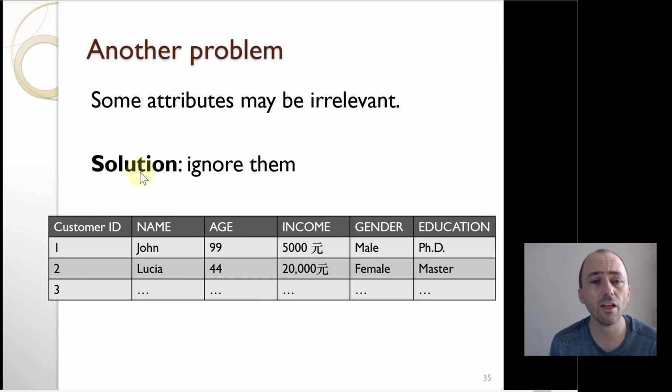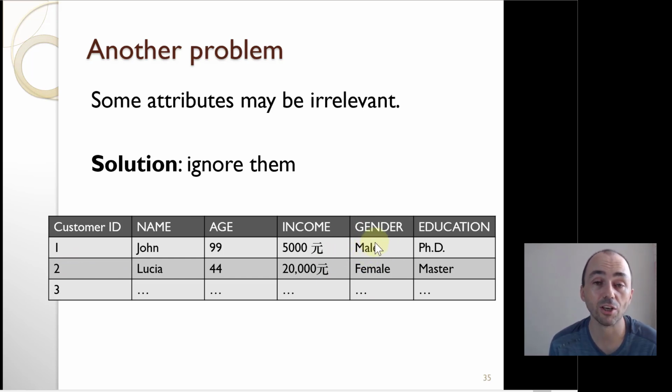Now there is another problem also when we do KNN. Let's say I have the data like this. Here some attributes are not relevant. For example, the customer ID. Okay, I should not use this to calculate the distance, right? And maybe the gender is not relevant for what I want to do.